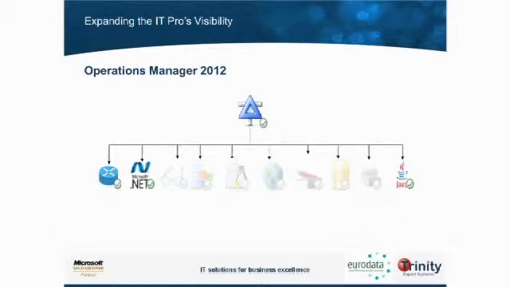When you look at 2007, R2, and 2012, what we're looking at is just increasing the amount of environments we can support. So we can now support Java-based apps, .NET-based apps, and I think the big one, certainly from the customers I'm dealing with at the moment, is network devices. So we can move into a System Center environment that can monitor absolutely everything for you.